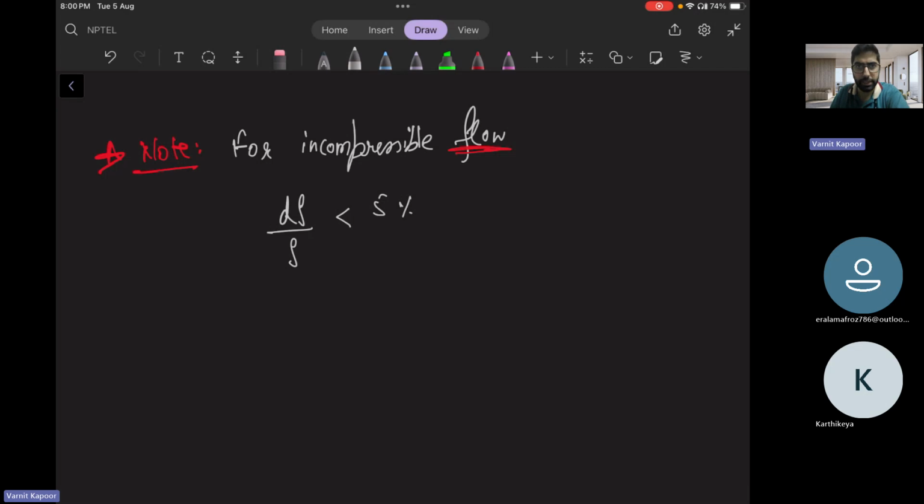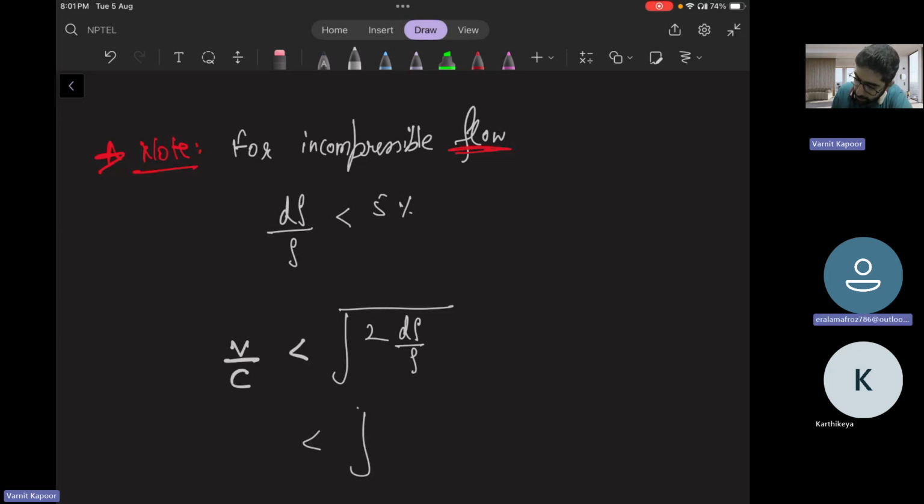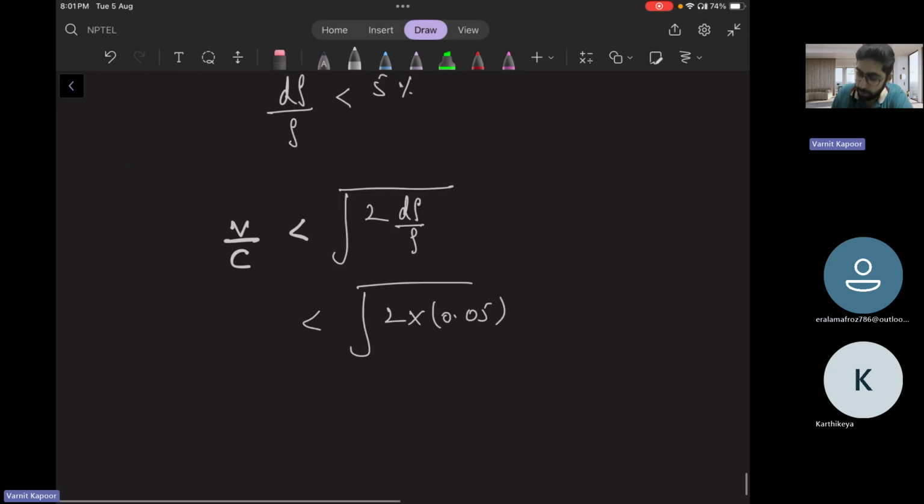That we will do in the later part. So V by C is less than root of 2 times d rho by rho. And what is d rho by rho? Less than 5%. So it should be less than root of 2 times 0.05. Correct? So that means Mach number should be less than 0.32.